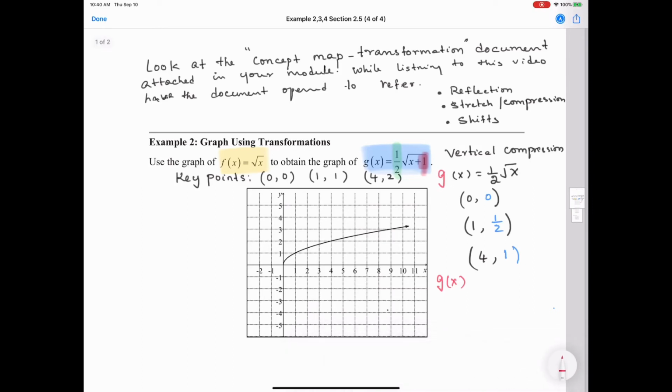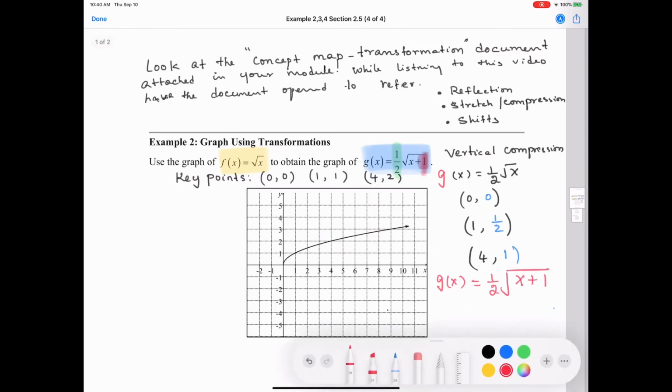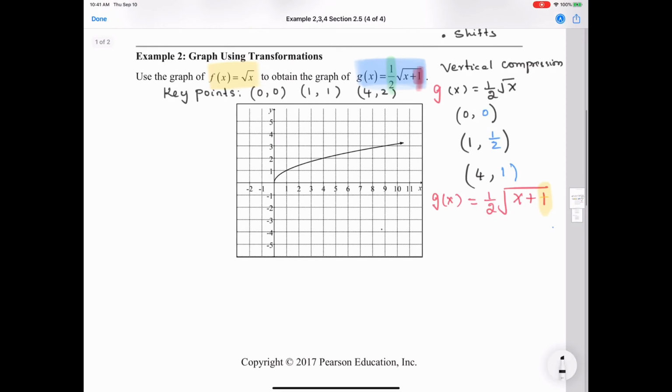Okay, so g of x is equal to half square root of x plus 1. Now this plus 1 is a horizontal shift. So the graph is being shifted to the left 1 unit. The effect on the coordinates would be that the x coordinates would change. Therefore, my y coordinates would stay the same.